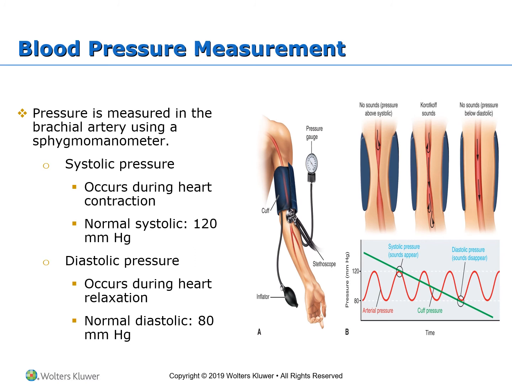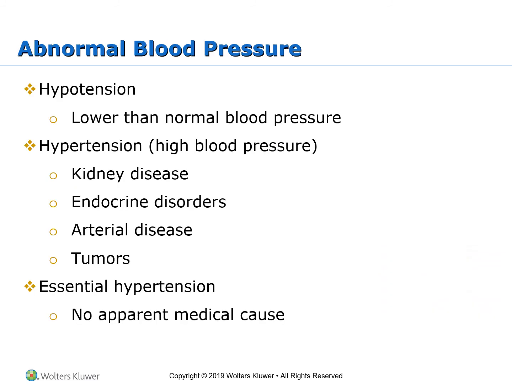As a general rule, the systolic pressure is the pressure that the heart produces in the blood vessels during the contraction, while the diastolic pressure is the pressure that we can measure in the blood vessels when the heart is relaxing, not contracting at all.